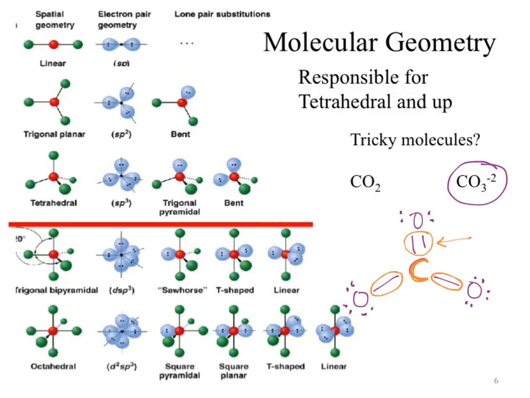So with that analysis, how many groups of electrons do we have? 3 groups of electrons, which means our electron geometry is trigonal planar, and our molecular geometry, man, that takes a lot to write out.